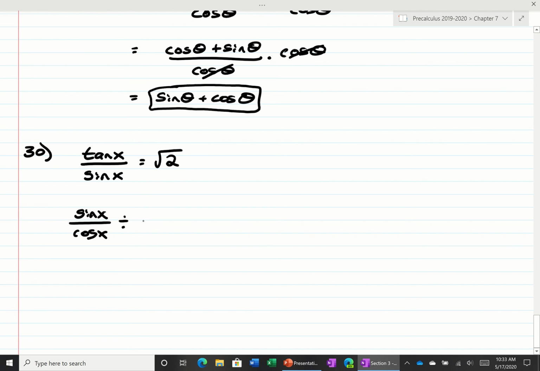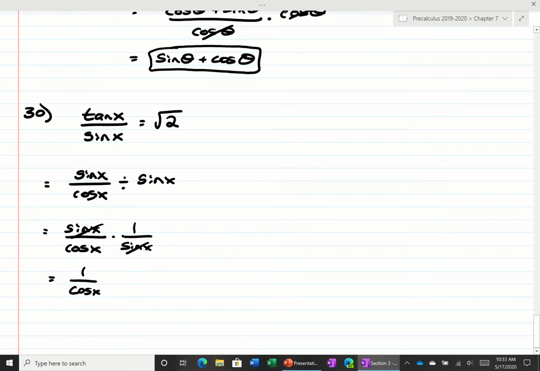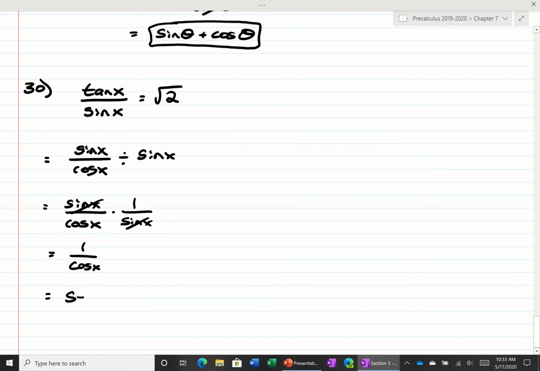We're dividing by sine of x, which means we can multiply by the reciprocal. These cancel. 1 over cosine is just secant of x. So as far as what the answer would be, this is the same thing as just saying secant of x is equal to root 2.